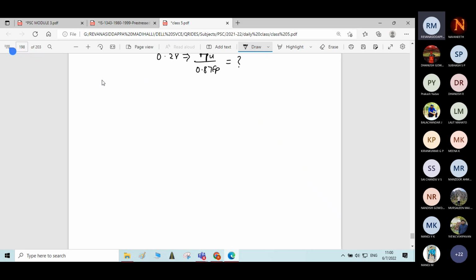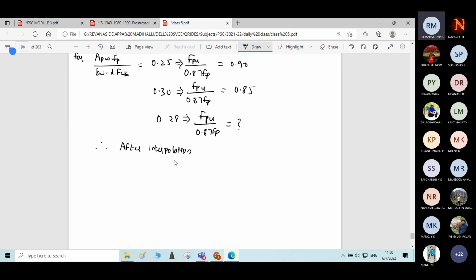Here also we need to do the interpolation. After interpolation, we get the value corresponding to 0.28 as FPU by 0.87 FP as 0.87 only.